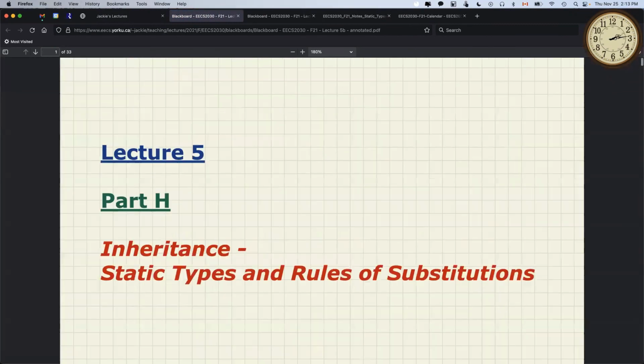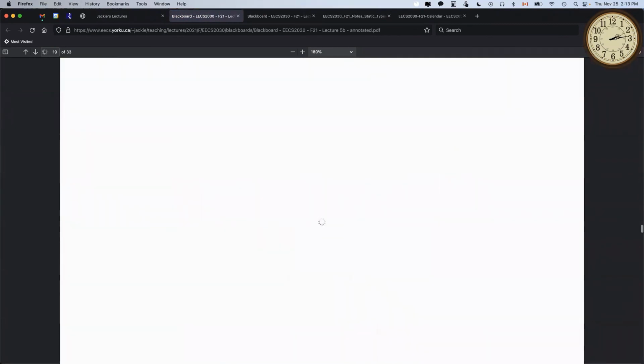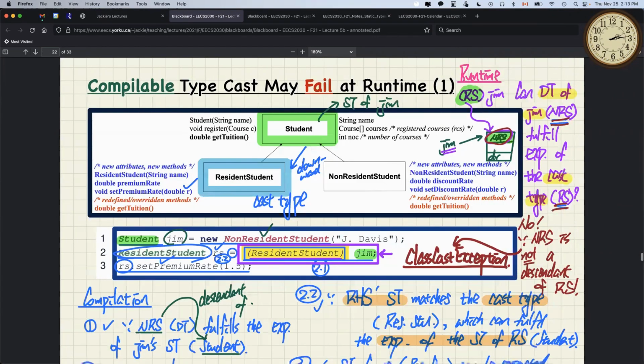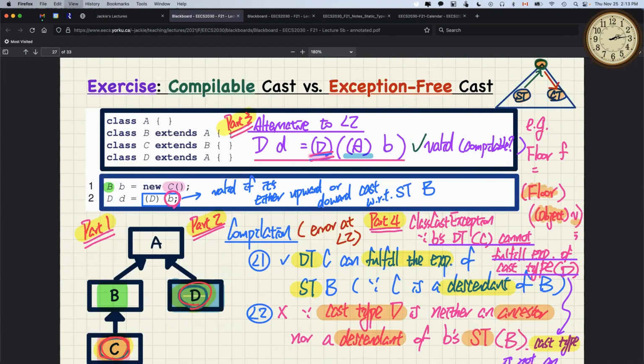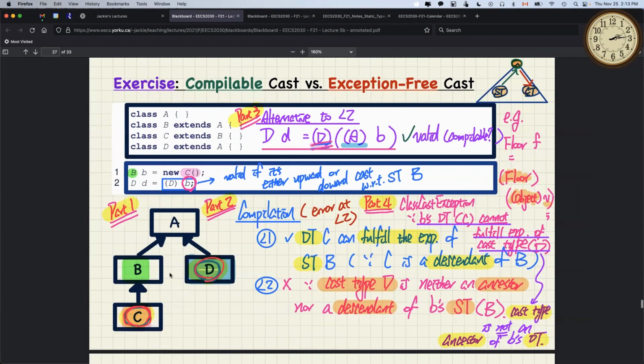Let me point to you where the exercise is, maybe around the end, about how you can cast from sibling to sibling. In this exercise, we are trying to cast from C to D. You can do it, but it's going to run into class cast exception. So you may want to review this exercise. I even talk about how we can get around the compiler, in general.